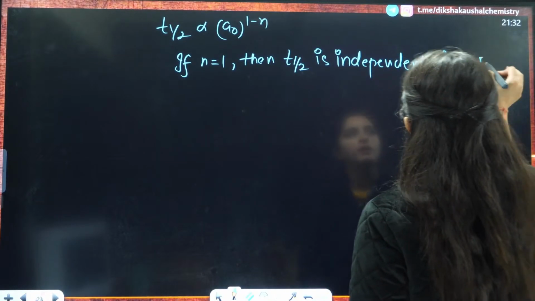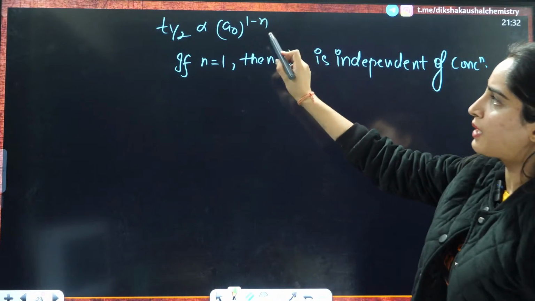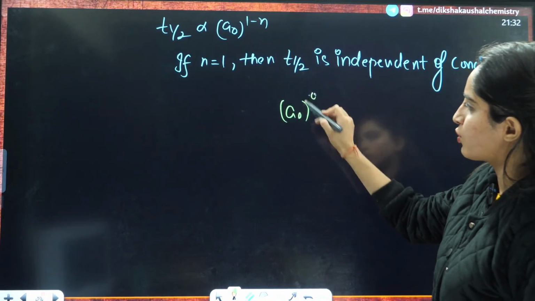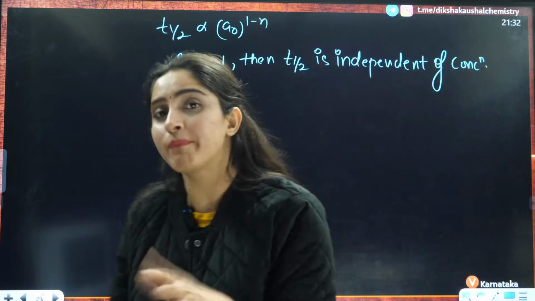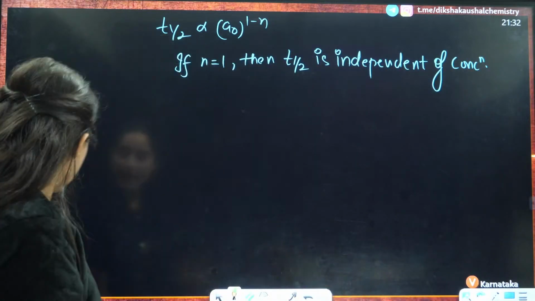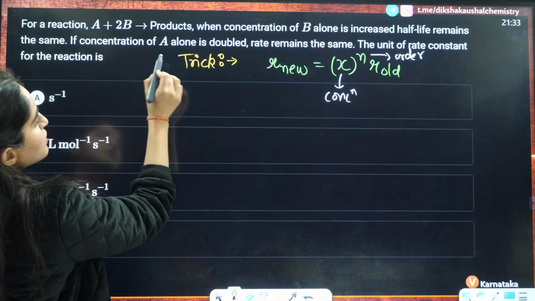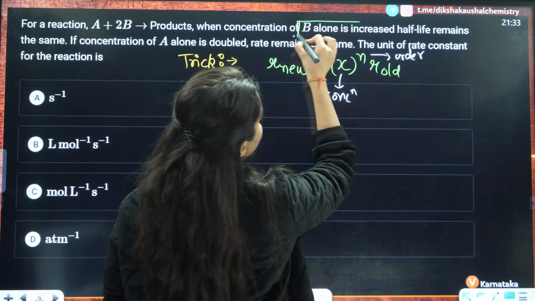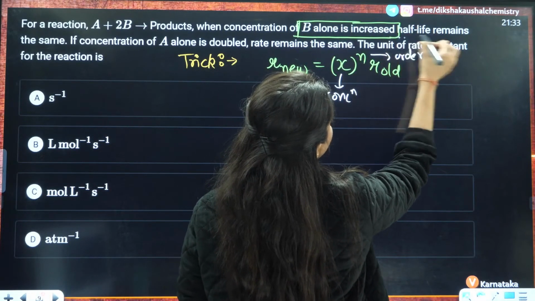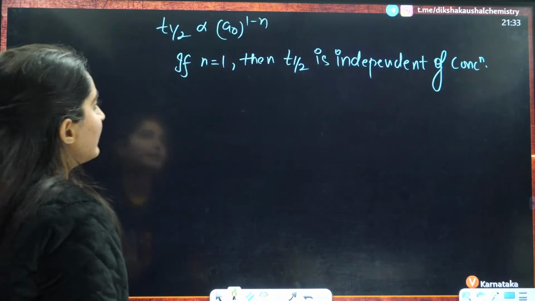This we know because when n is equal to 1, this becomes A naught raised to power 0, which equals 1. So T half is independent of the concentration. Here they are giving one hint about T half: when B alone is increased, T half remains the same. That means it is independent.